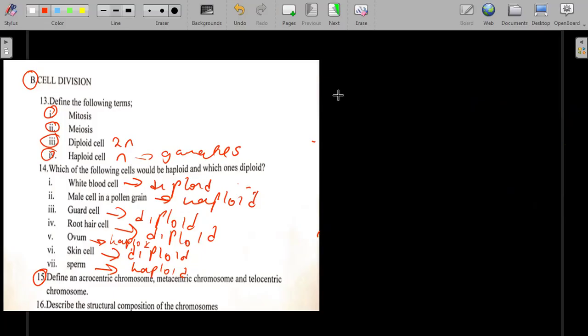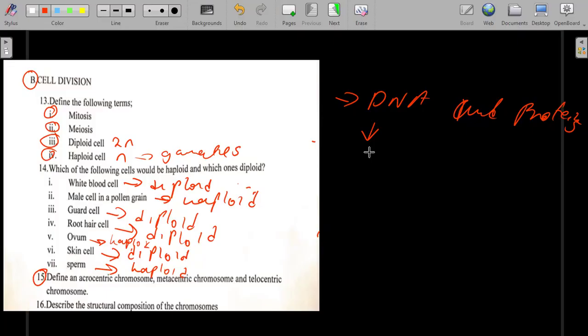The first thing you need to know is that a chromosome is made up of genetic material, which is DNA, and also proteins. So we are going to have DNA and proteins in a chromosome. You know that DNA is the one which will carry our genetic information, which are genes.